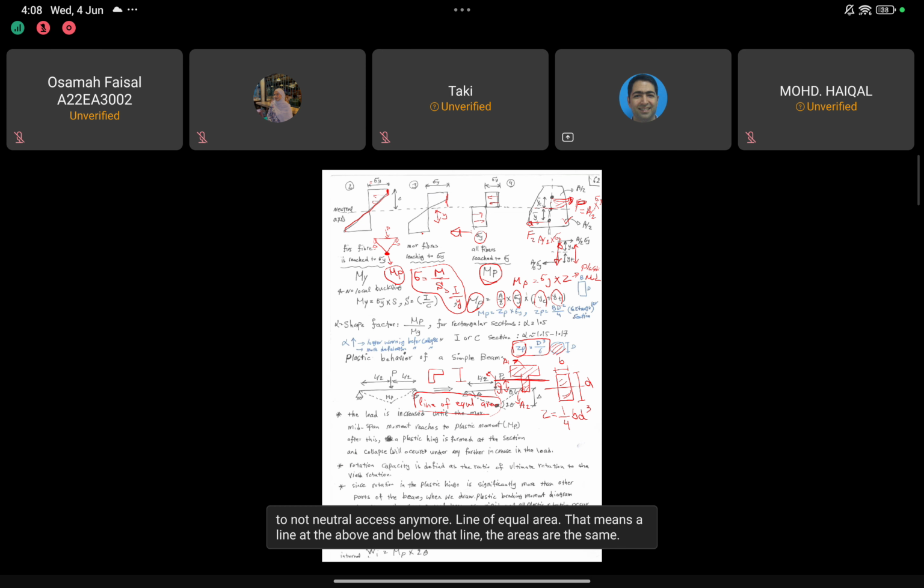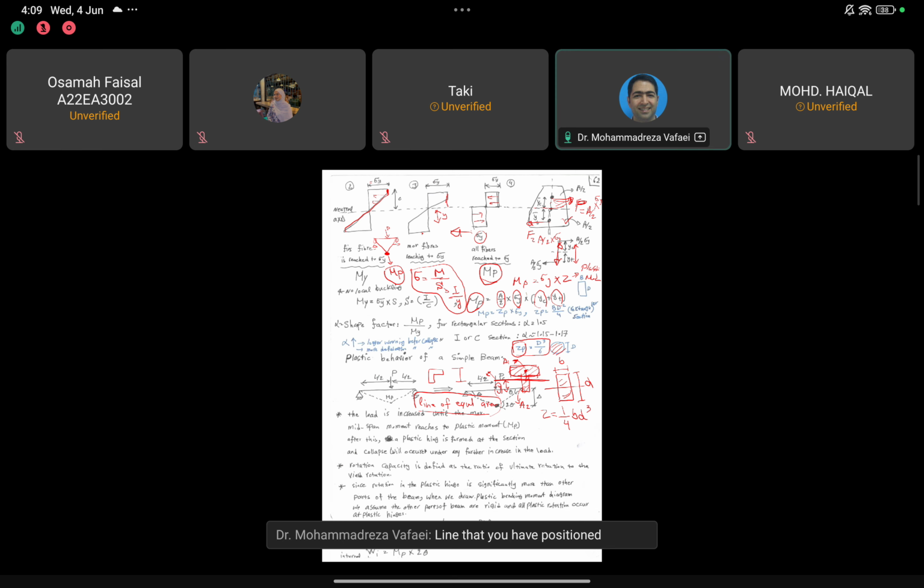So after you calculate these, then you just need to calculate the moment of area of each area below and above the line. So you calculate this area, you multiply that area by its distance from the centroid to the line that you have positioned.